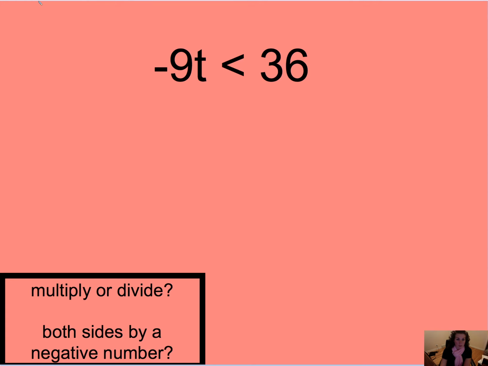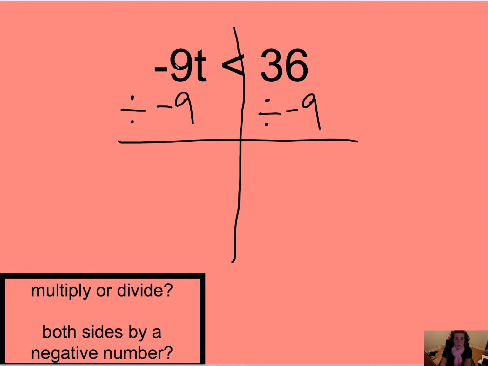In the next example here, negative 9t is less than 36. Again, separate the two sides of the inequality. The t is on the left along with the negative 9, and it's attached with multiplication, so we divide by negative 9 on the left, and whatever we do on the left, we've got to do on the right. That way the negative 9's cancel, bring down the t, and then stop.